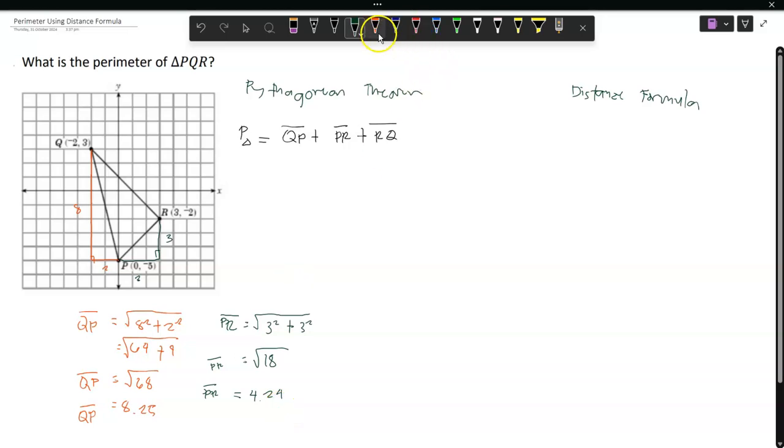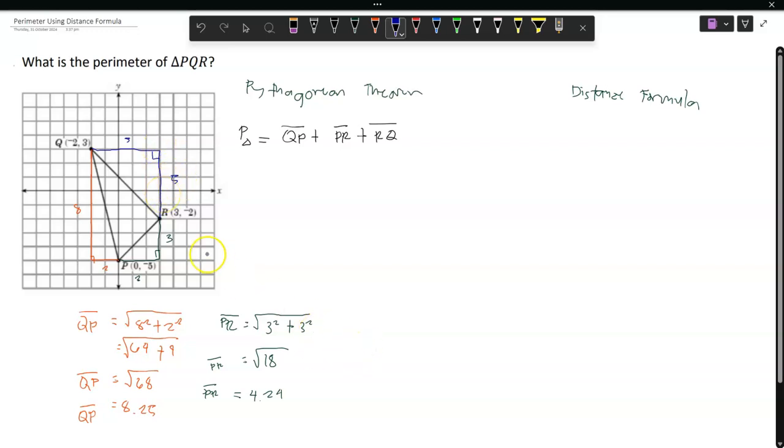And then for the last one, I'm going to draw a right triangle here, this one, and I'm going to count 1, 2, 3, 4, 5. This is 5 units. And then this is 1, 2, 3, 4, 5. This is another 5 units.